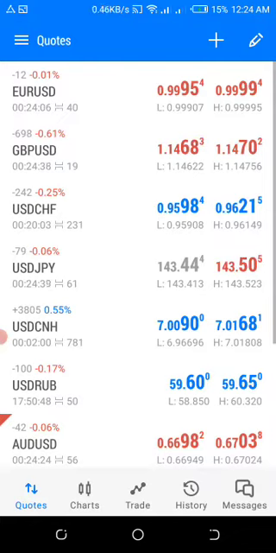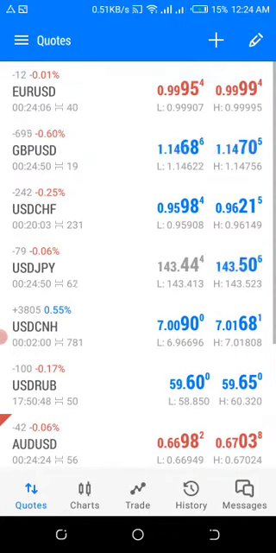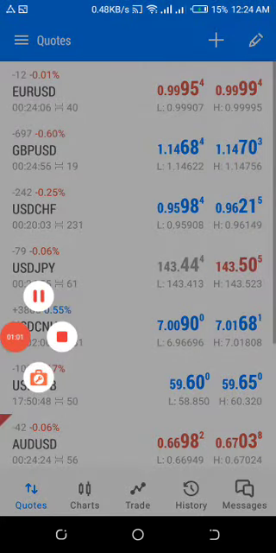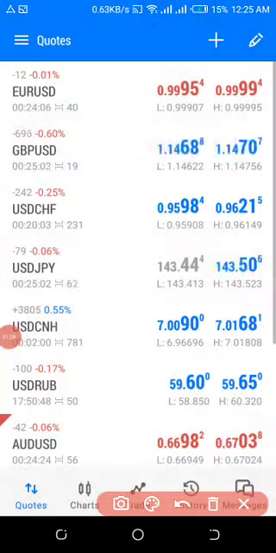Okay, let me just show you an example over here. Where is the spread actually in this chart that you see right here? Let me turn on the brush.